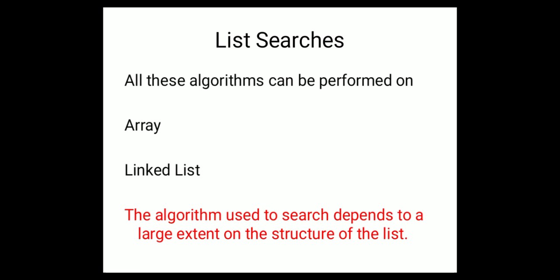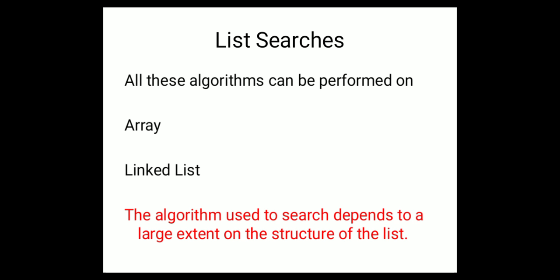Before learning about linear search, we'll try to understand on what data structures the list searches are generally performed. All these algorithms, like linear search, binary search and Fibonacci search, are performed on data structures like arrays and linked lists. But the algorithm used to search depends to a large extent on the structure of the list, for example, on how the elements in the structure are accessed.